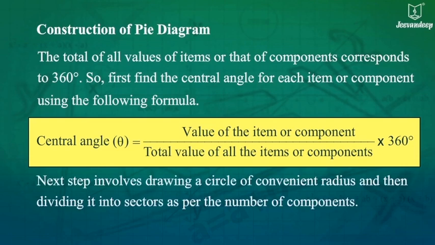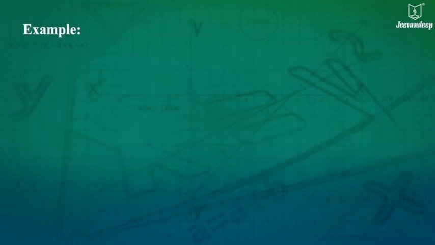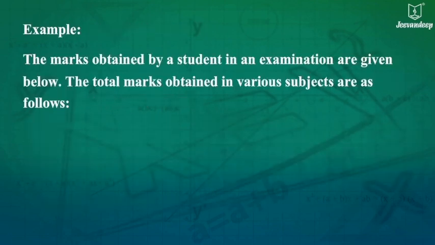The next step involves drawing a circle of convenient radius and then dividing it into sectors as per the number of components. Example: the marks obtained by a student in an examination are given below. The total marks obtained in various subjects are as follows.